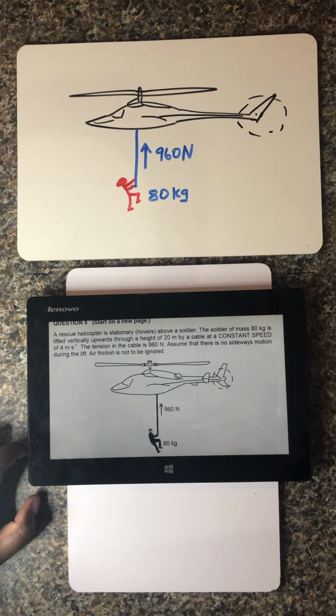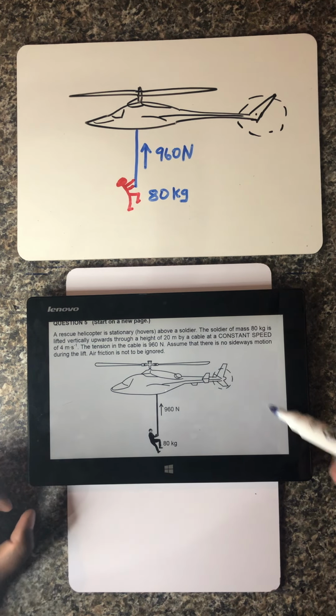So in case that mass was given in grams, you will have to convert it to kilograms, and when you convert from grams to kilograms, you divide by 1,000. Remember, kg is the unit in which we measure mass in physical sciences, and kilo means 1,000. Very, very important.